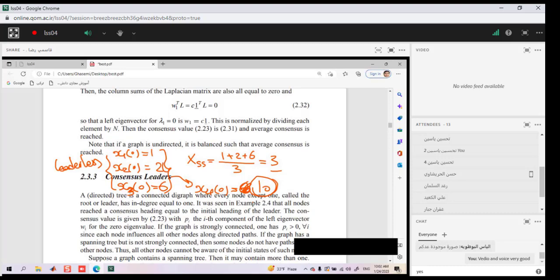Leader is very important. In all categories, it's important to have a leader. The first step is to define the leader. After that, we define the controller to let the followers follow the leader.